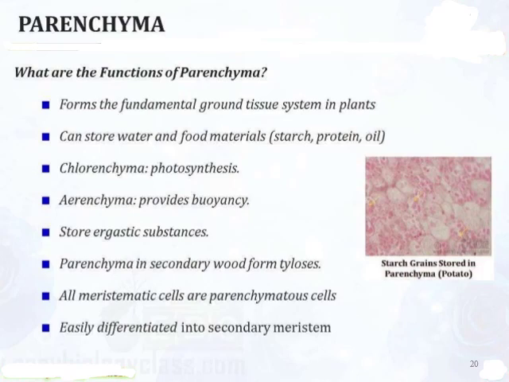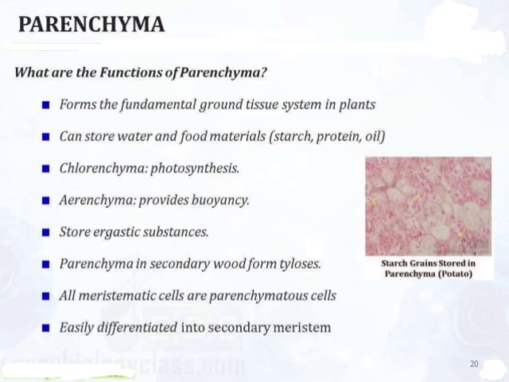The parenchyma cells that contain chloroplast are photosynthetic, and they are also called chlorenchyma cells. So these photosynthetic parenchyma or chlorenchyma cells constitute the ground system, like mesophyll of leaves, and they are further divided into two types.